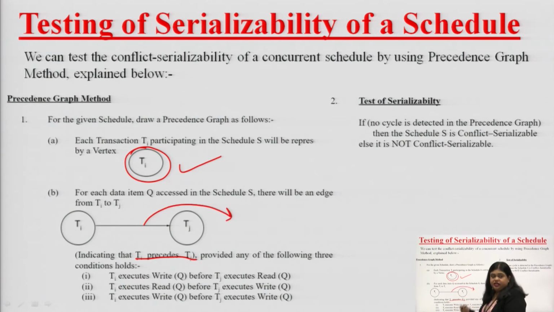So, this edge is representing that T i executes its write operation on Q before T j executes its read operation on Q, right. Then T i executes its read operation on Q before T j executes its write operation on Q. Next, T i executes write operation on Q before T j executes its write operation on Q, right.